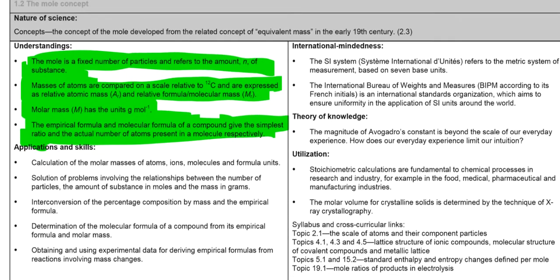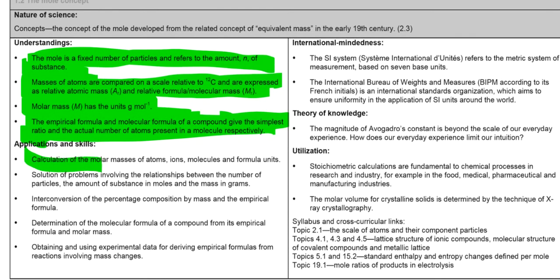When you calculate molar mass of atoms and ions, you're going to have to use the periodic table and use the relative atomic mass to calculate all these molar masses. With a molecule, if you have two sodiums and an oxygen, you need to add up the atomic mass units of sodium times 2 plus oxygen to get the total molecular mass.